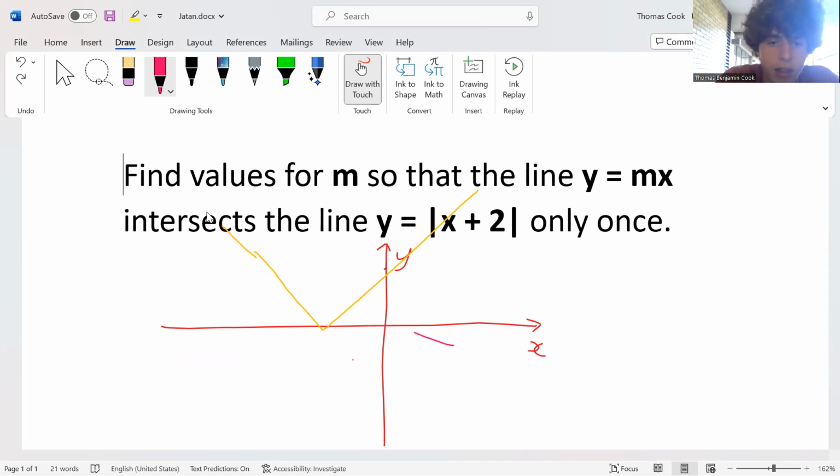And if we change it so it goes like this, we have two intersections, so that's bad. So what we're trying to do is find all the ways that we can have this line have one intersection, like this or like this, but we don't want it to have two intersections. So I'll just put up Desmos so we can see it.